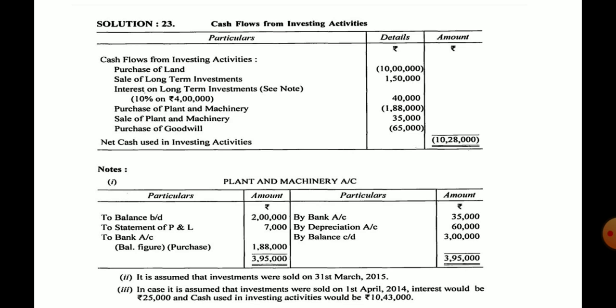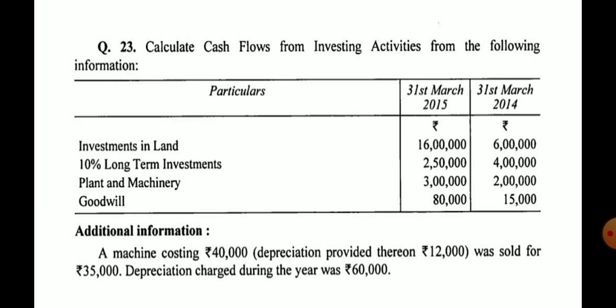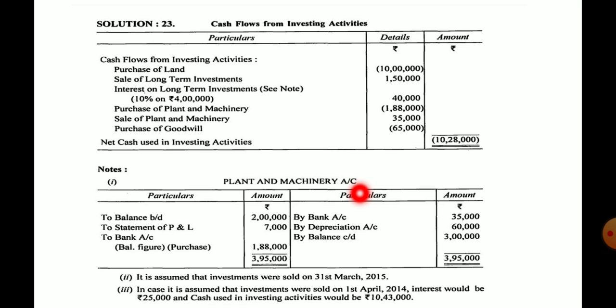Statement of P&L is 7,000. So the balancing figure will be purchase 1,88,000 written here. Interest on long term investment is 10% of 4 lakh, that is 40,000. Sales of plant and machinery 35,000 and purchase of goodwill is 65,000. So net cash used in investing activity will be 10,28,000. Quite easy.